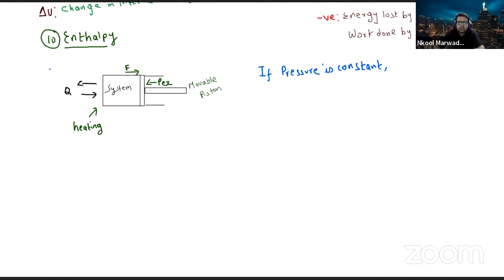To be more precise, we can say that if work is done under constant pressure, it will lead to a change in volume.